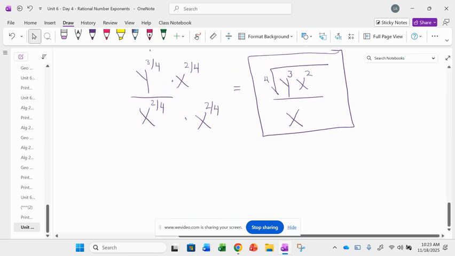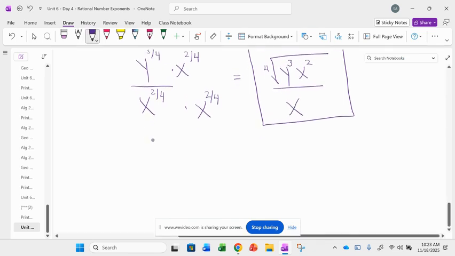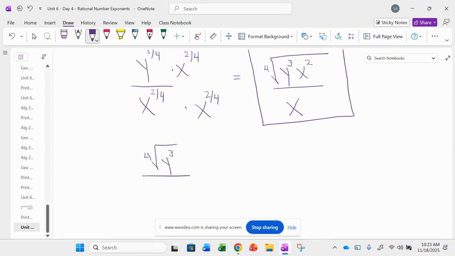Now, if I changed it to radical, so go back here, we would have had the fourth root of y to the third over the fourth root of x squared. Okay, so now in order to rationalize, I have an index of 4 and I have 2 x's. How many more x's do I need to make a grouping of 4? 2 more.